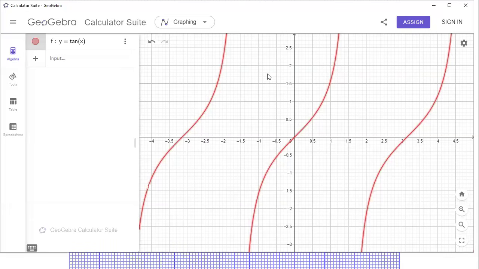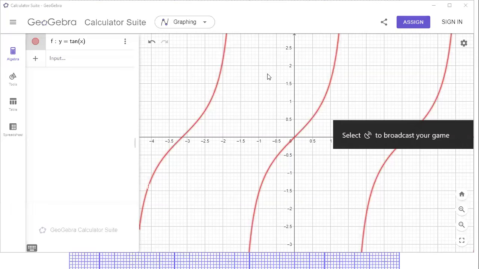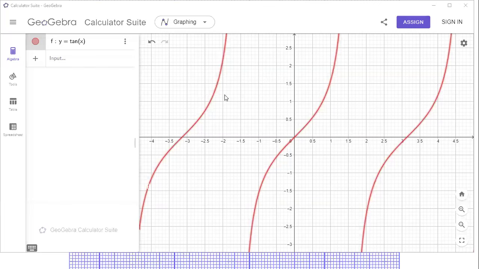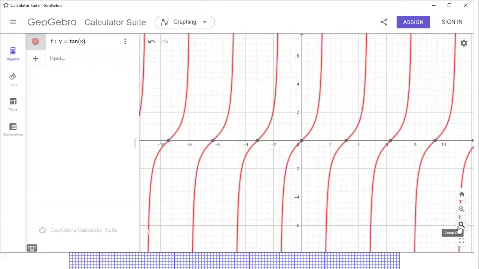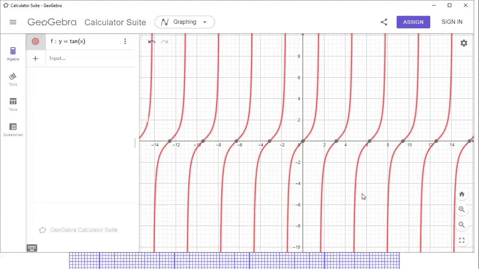Just draw a sketch. I have showed you how a tan curve looks, so draw it in your book. I can make it smaller so that people can visualize it. That's how a tan curve looks. That is its behavior.